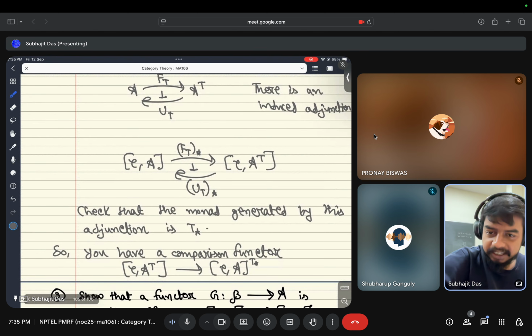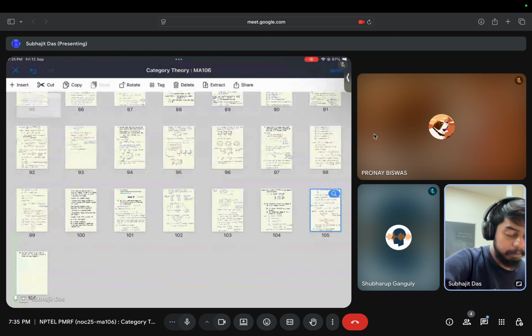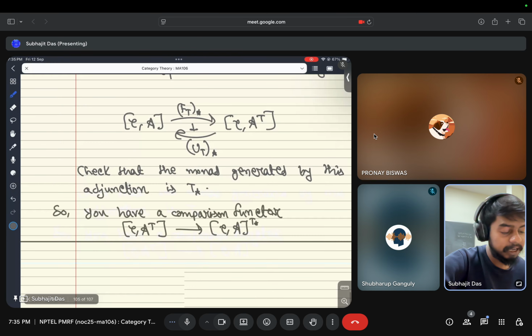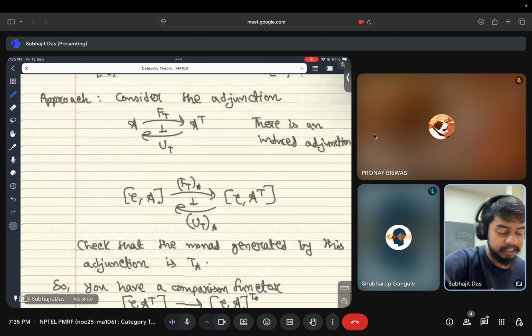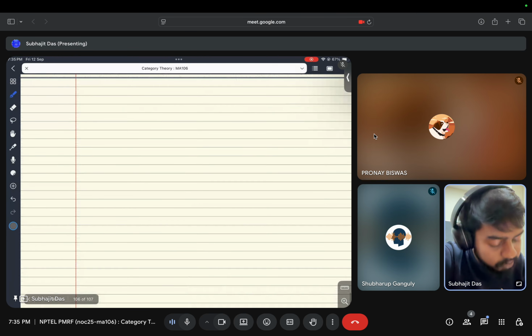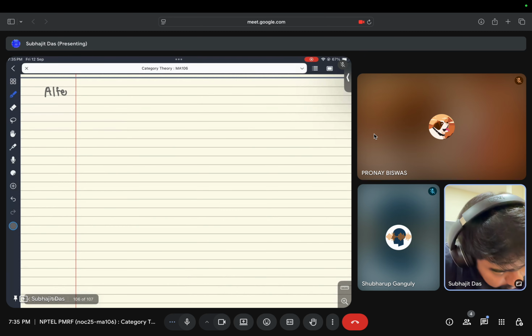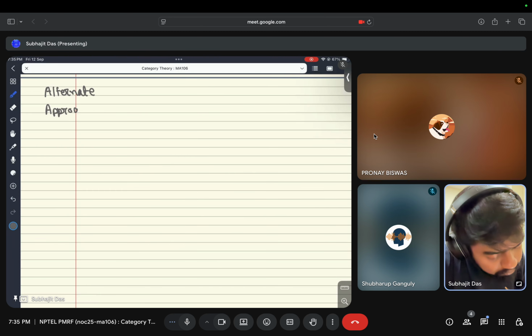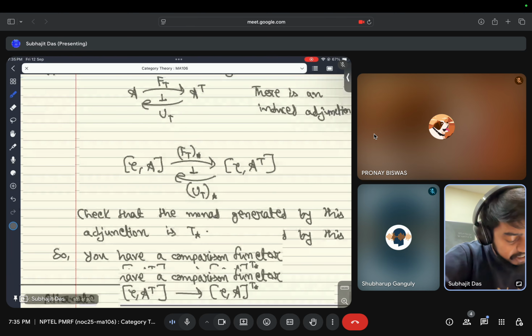And we can in fact directly write down the definition of the comparison functor, since we know what comparison functors look like, but let's write this directly without using this approach. So, alternate approach. We want a functor, a direct approach.